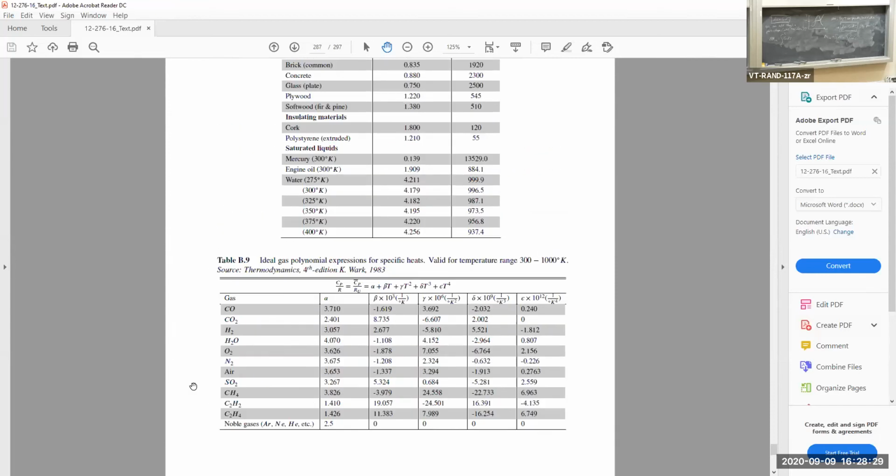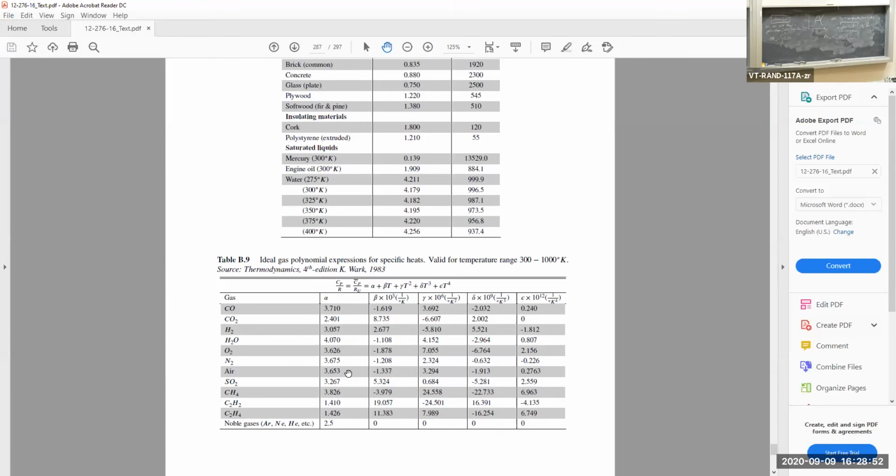Remember, I think I mentioned this before. If you want to evaluate that integral, you can use this polynomial. It's a fourth order polynomial giving specific heat divided by the gas constant as a function of temperature. And the constants alpha through epsilon are listed here for various substances. Here's air right here.